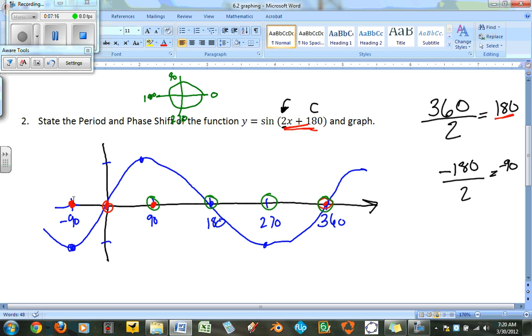So in the period, we're going to have 4 critical points: the starting point, then 1, 2, 3 in the middle, and then the ending point. So we're just going to take 180 and divide it by 4, and that'll give us the points where our critical things happen, where 1 happens, where 0 happens, where -1 happens, and so forth.